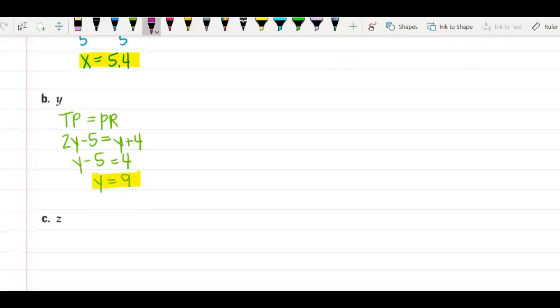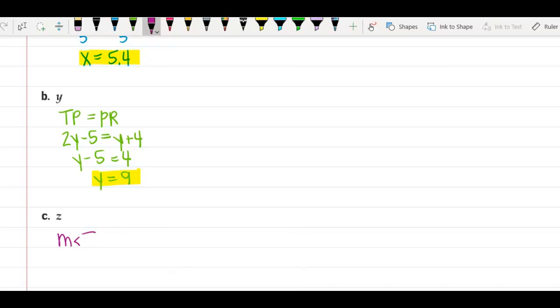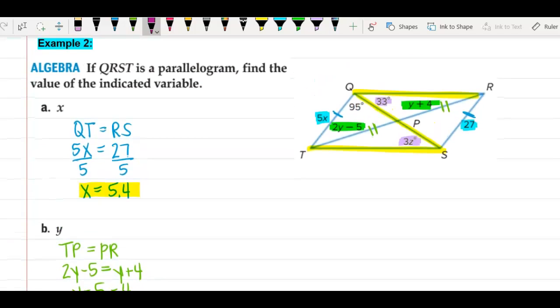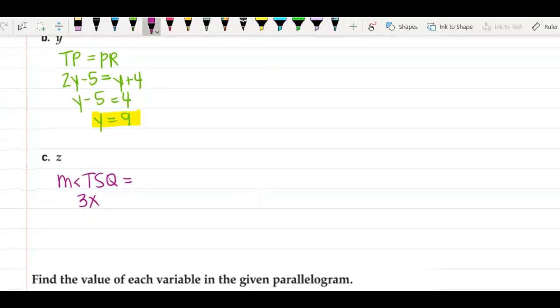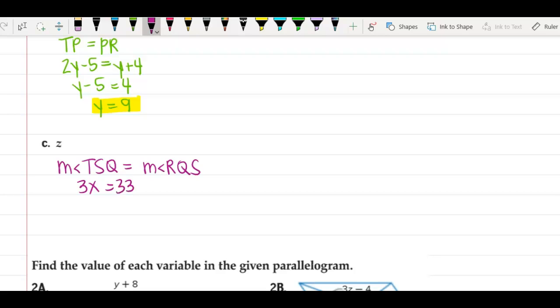So angle TSQ, which was our 3z, is equal to RQS, which was 33. Remember, alternate interiors are congruent. I can divide both sides by 3x, or x, why did I put x? Z, let's try that again. Z should be 11.